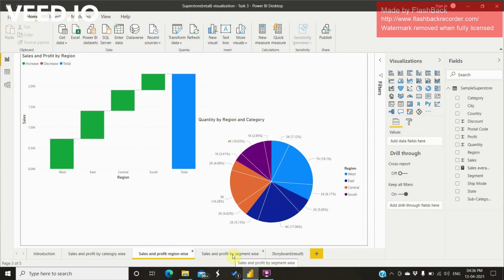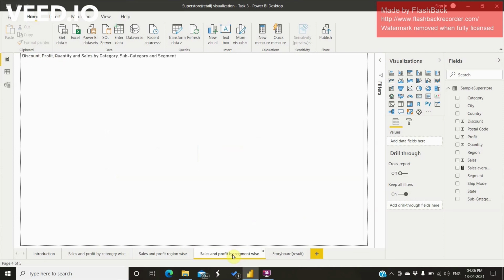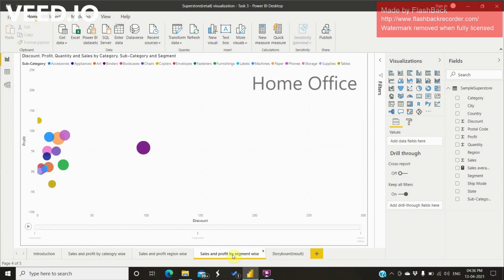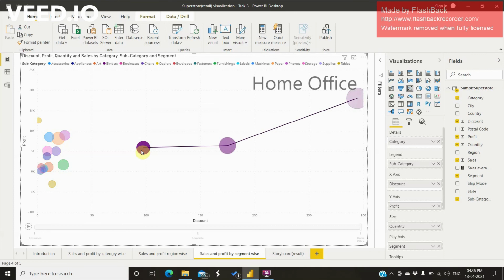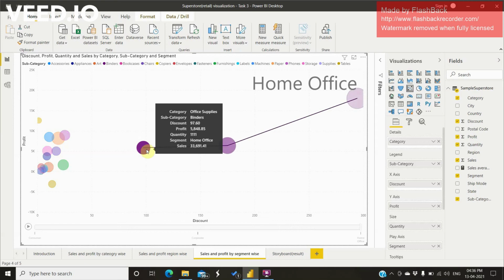Next we can see the sales and profit by segment wise. Segment means we are going to see subcategories, I mean accessories, appliances, art, binders, bookcases, chairs, and so on. So now for office supplies, the subcategory binders is getting more sales, and the profits also increased.